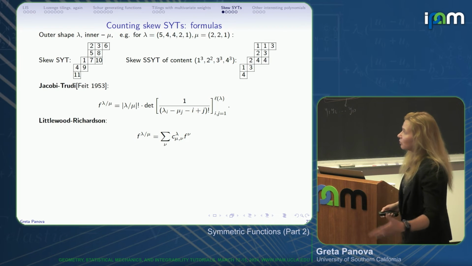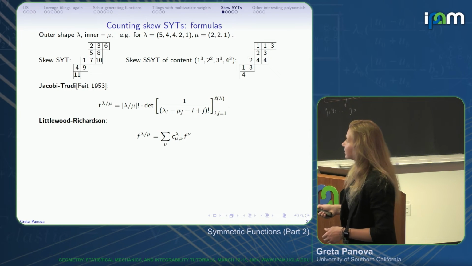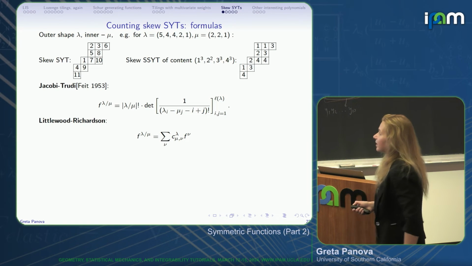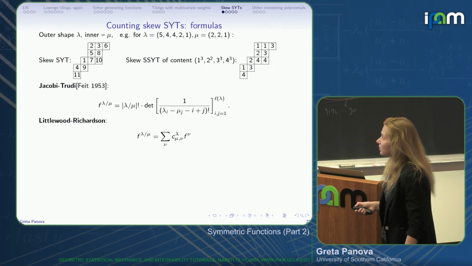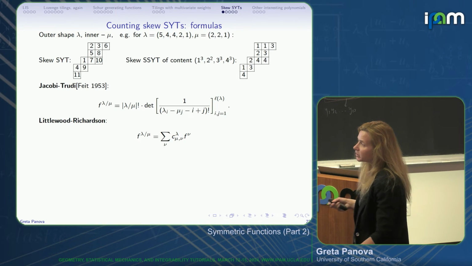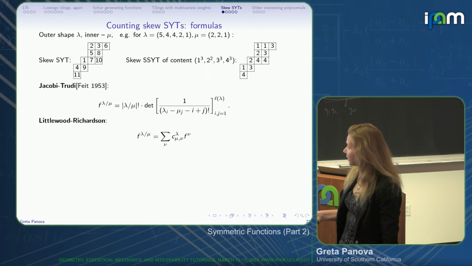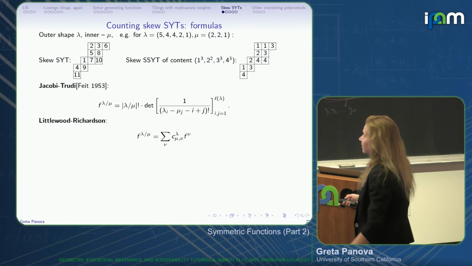Then, if you know Littlewood-Richardson coefficients, which I didn't really talk about, these are structure constants for representations of GL_N. Then we can express f^{lambda/mu} as a positive sum of f^nu. For those we have formulas, but these Littlewood-Richardson coefficients don't behave so nicely. And anyway, you have a big formula here, right? You're summing over all sorts of partitions, so that's an exponentially large sum.